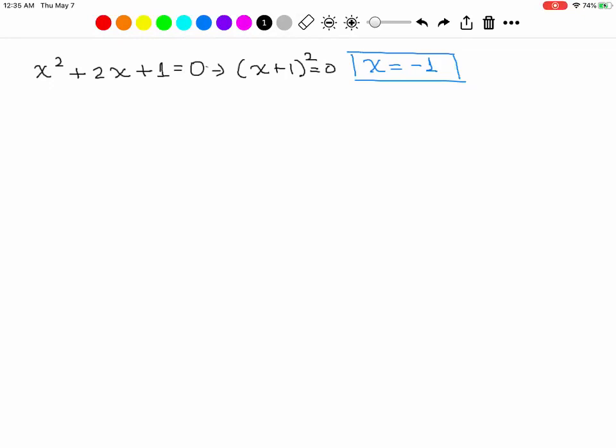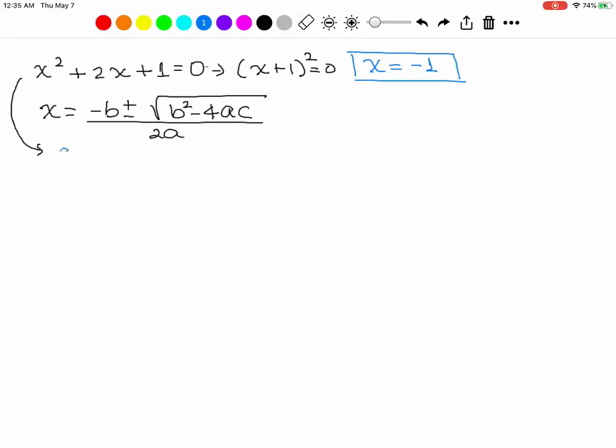Now, how about if we use the quadratic formula? So x is equal to minus b plus minus root of b square minus 4ac over 2a. So based on this equation, what are the coefficients? A is equal to 1, B is equal to 2, and C equal to 1. What is the discriminant? Discriminant is B square minus 4AC.